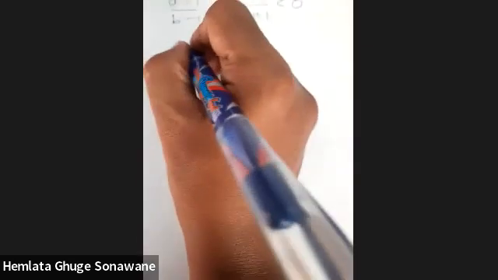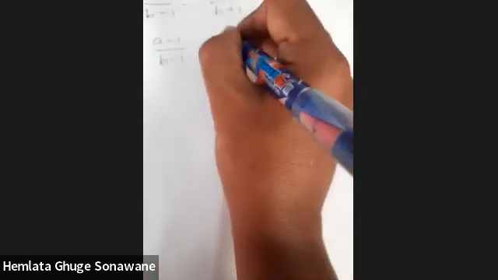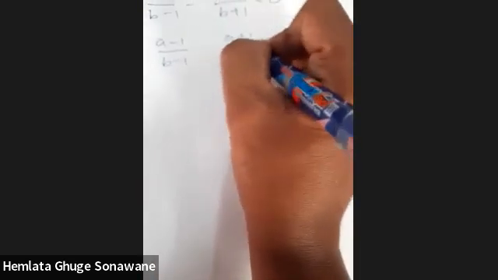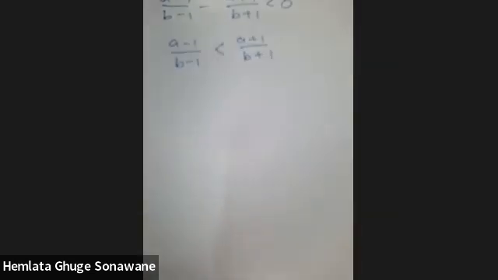So our terms are A minus 1 upon B minus 1 and A plus 1 upon B plus 1. So here the first term is smaller than the second.